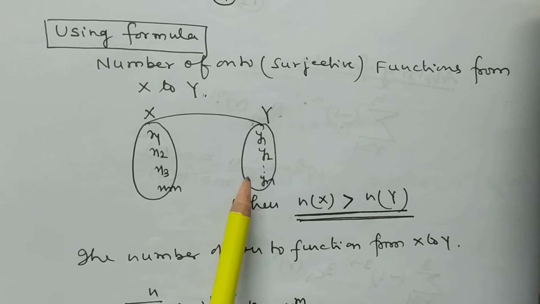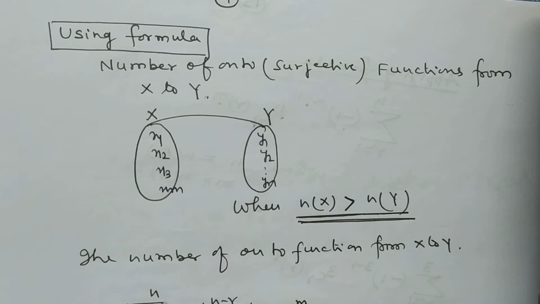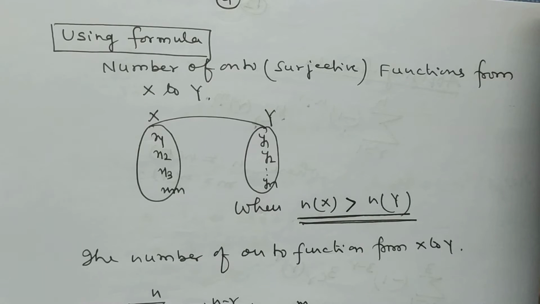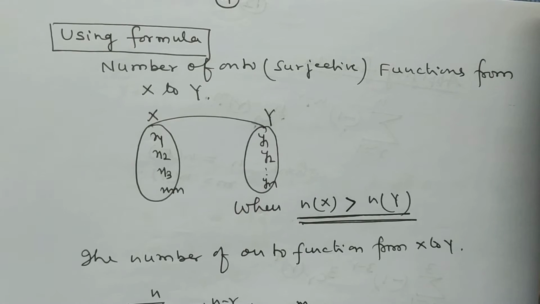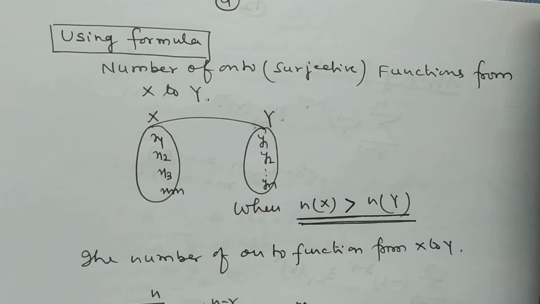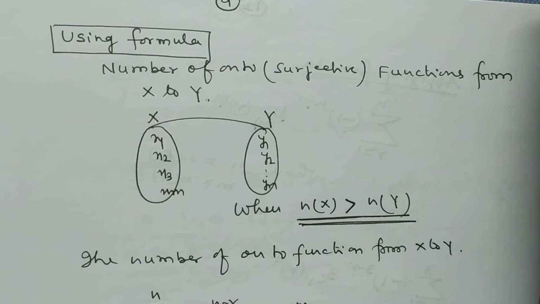I want to make it clear, to make the process of solution of problem easy, we should apply the formula of counting, and this formula is summation r equal to 1 to n, minus 1 to the power n minus r, nCr, r to the power n. It makes confusion.